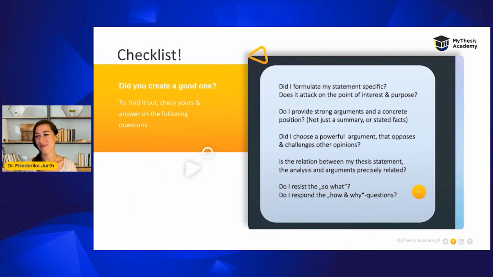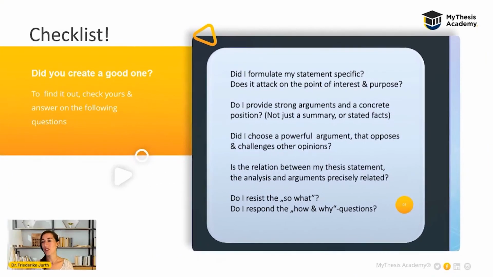Last but not least, I would like to share a little checklist with you that you can use if you write your thesis statement. So this checklist helps you to assure that your thesis statement is a strong one.